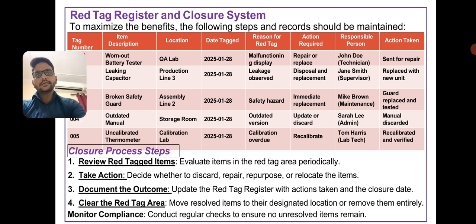Next are the closure process steps: review red tagged items, action taken, document the outcome, clear the red tag area. These are the closure process. Next is monitor compliance, meaning conduct regular checks to ensure that no unresolved item remains. Every item should be resolved and removed from the red tag area at a defined frequency.